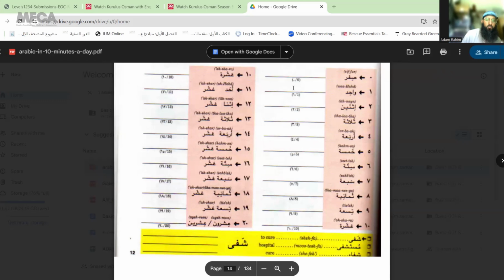No problem. So 20 through 90 it'd be Ishrun for 20, Thalathun, Arba'un, Khamsun, Sittun, Sab'un, Thamanun, and Tis'un.